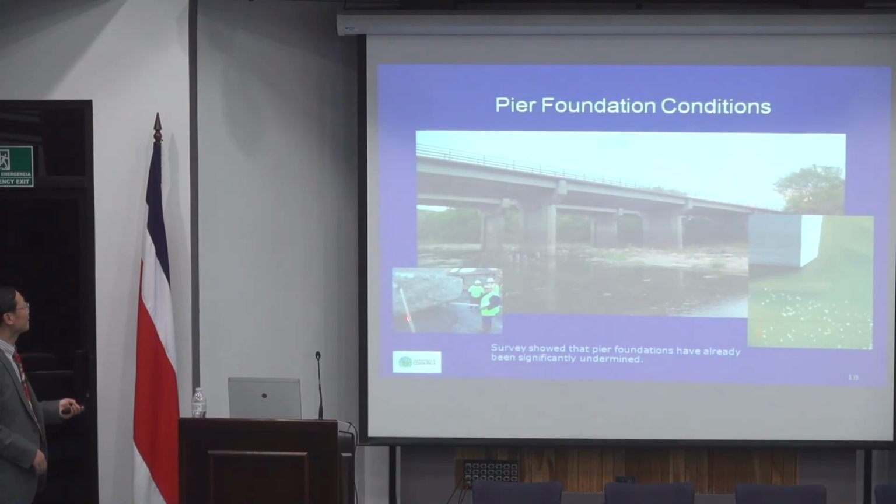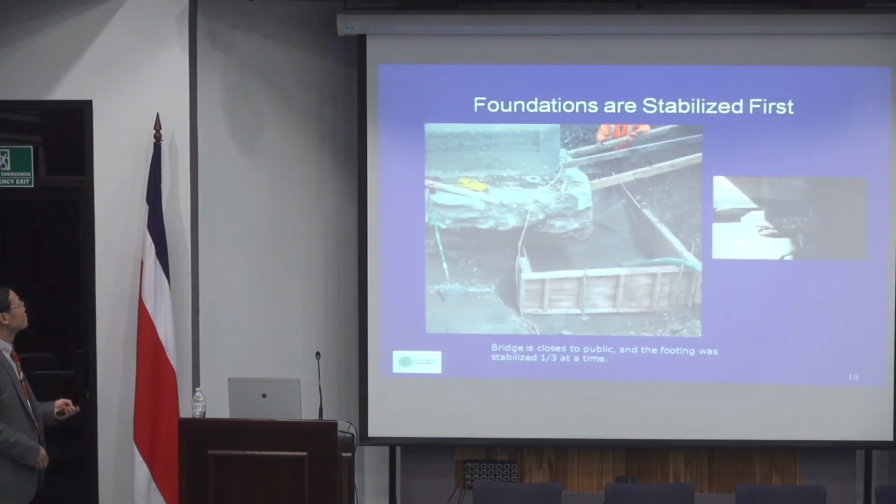So these are the inspection photos, where you see some footing has already been exposed, and there's no soil underneath. What they did was, first they dewatered it and made it dry, and then they cast concrete under it in three stages. First they cast one piece of concrete under that footing, then later they cast concrete on the other side, and later they removed soil and cast that.